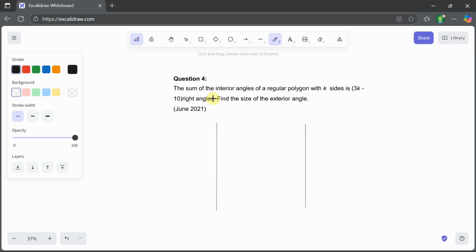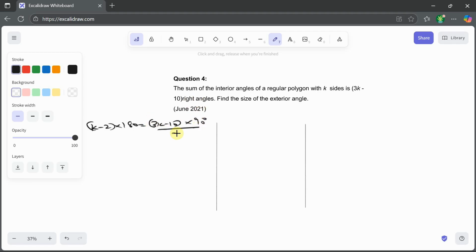So what do we know? We're told that the number of sides is k, and the sum of the interior angles we know to be (k minus 2) multiplying 180 degrees. And they are told that this sum is also equal to (3k minus 10) multiplying 90 degrees, right angles, 90 degrees.